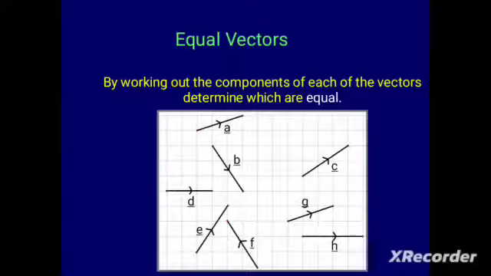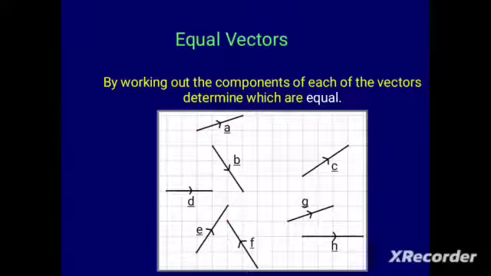Before we come up with the equal vectors, we need to be reminded of the conditions: vectors are equal if and only if they are of the same magnitude and direction.